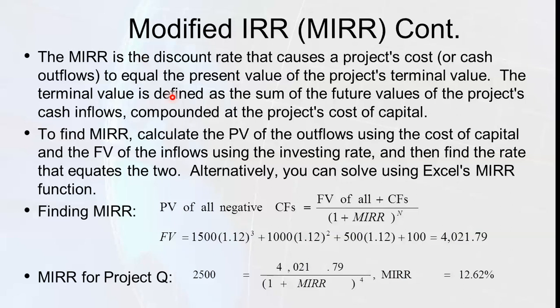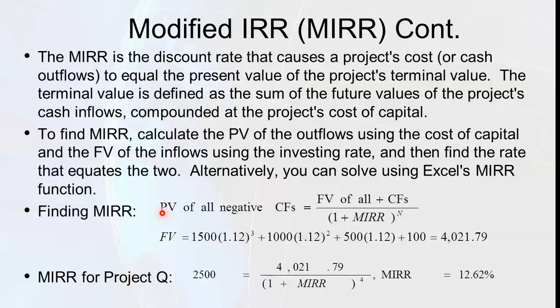The terminal value is defined as the sum of the future values of the project's cash flows computed at the project's cost of capital. So, to calculate MIRR, you need to calculate the present value of negative cash flows, and find the future value of positive cash flows using the cost of capital and equate them. Or you can use Excel.